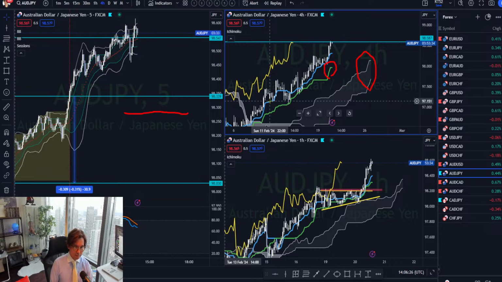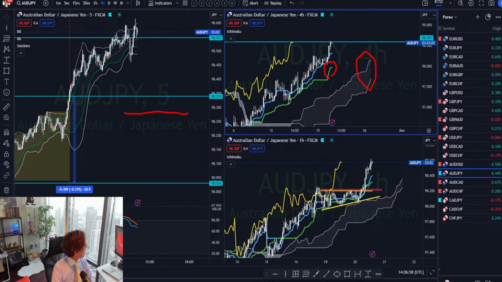So I look for an entry edge so that my entry becomes logical. And it also helps me exit my trade, in case the market reverses after my entry, then I know exactly when to exit my trade. And that's also the reason why I look for the reasons for my entries.